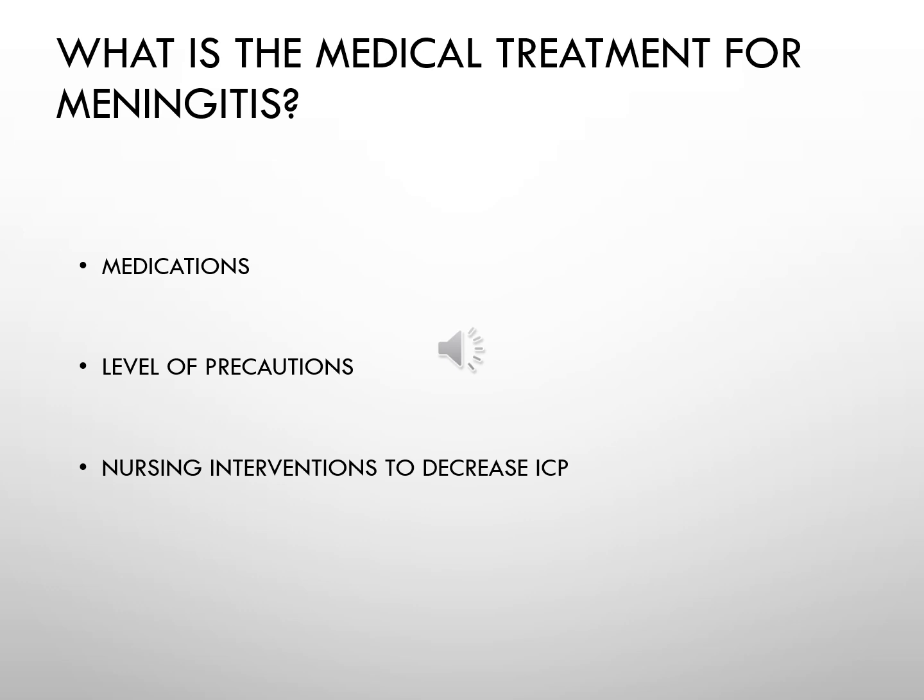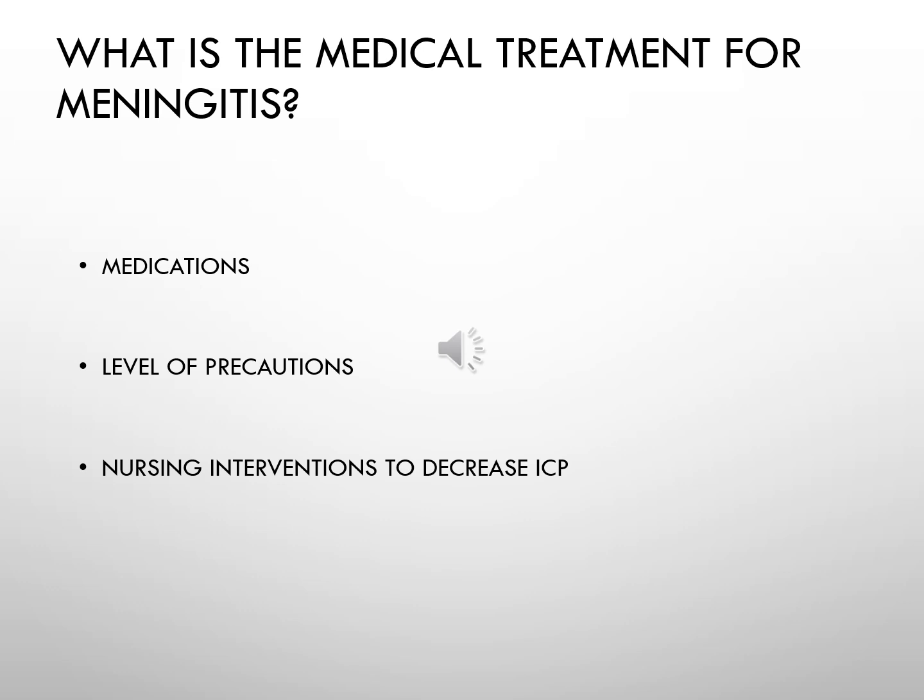All right, so what's the medical treatment for meningitis? I want you to pause and go look that up. All right, I know you guys are doing great at this point, and you are getting all of the answers correct, right? So there's going to be different types of medications depending on what they are.